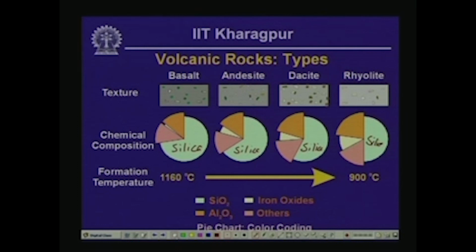So, as you go towards the right, you have less mobile magma, whereas in case of smaller silica percentage, you are going to get a magma that is susceptible to flow type features.